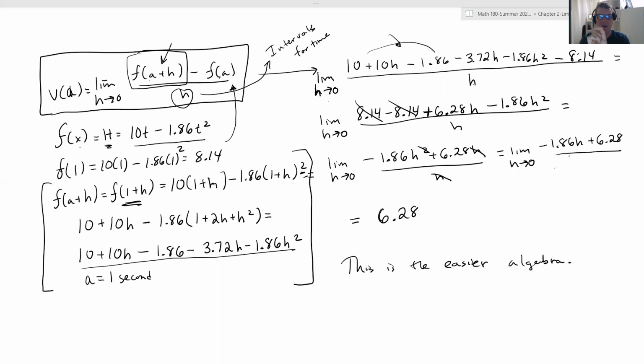And so f of a plus h and f of a are the two endpoints of where you're traveling. You start at f of a and you get to f of a plus h. You subtract those two, that's how far you traveled, and h is how long it took you.